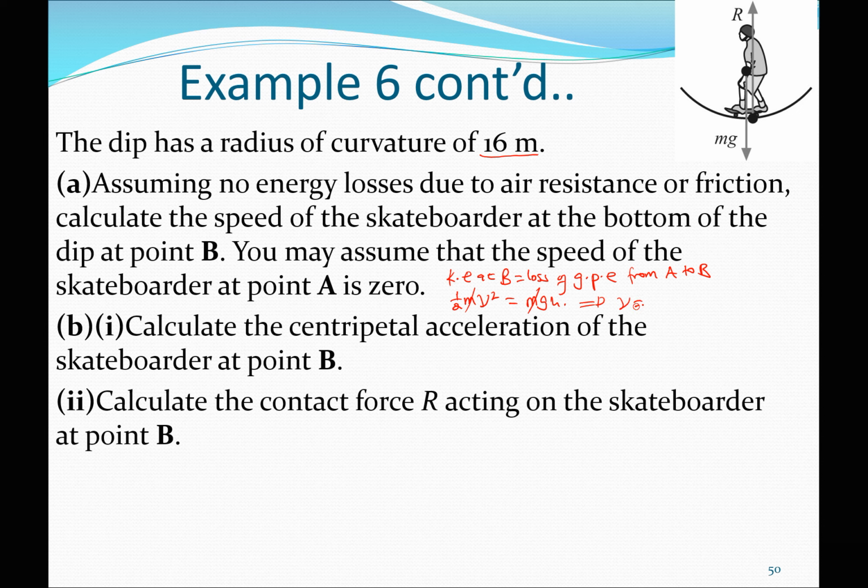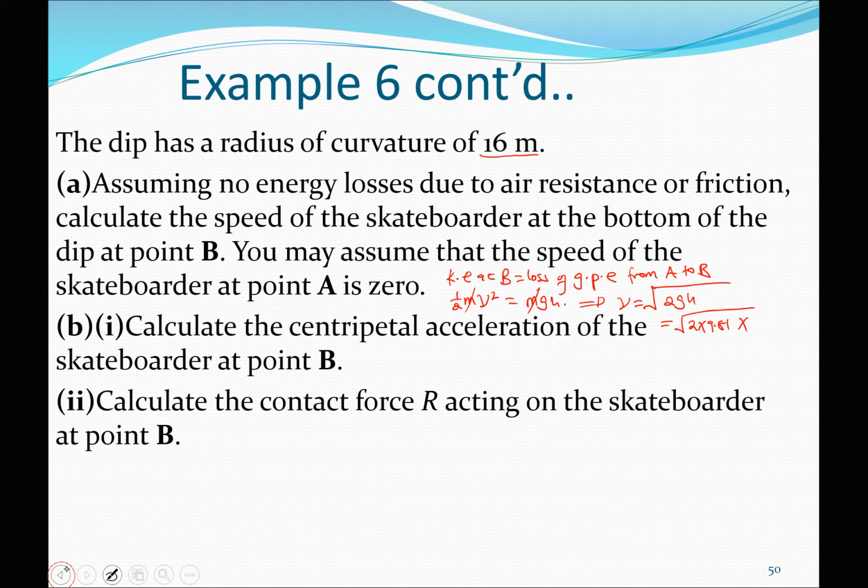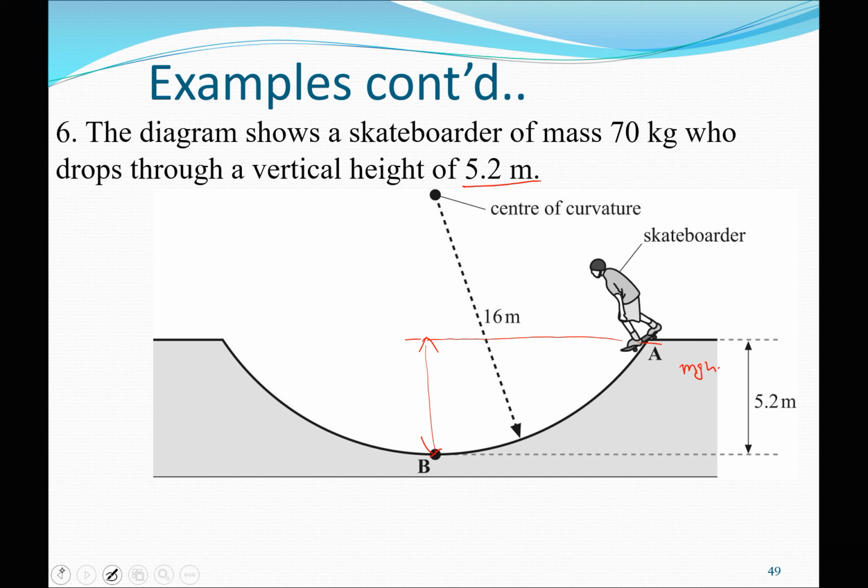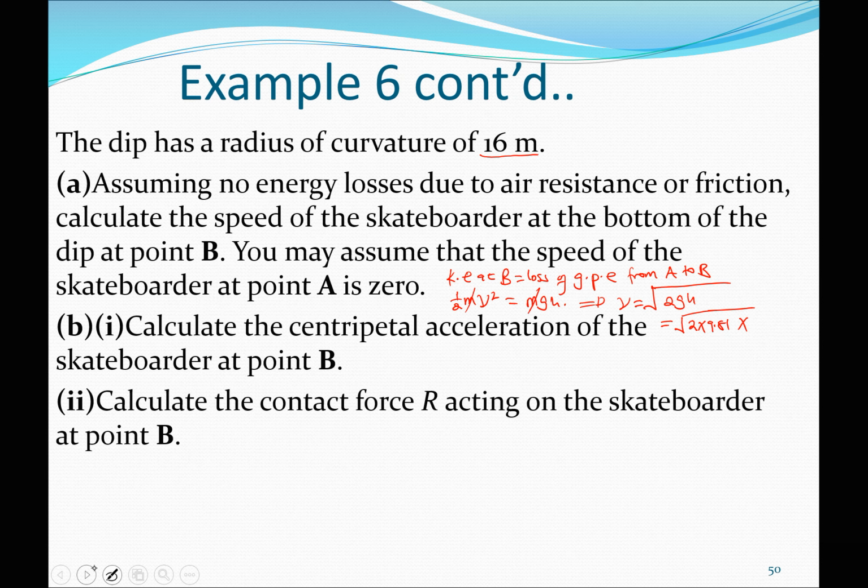So v is going to be the square root of 2gh. I'll substitute in: the square root of 2 times 9.81 times h. I think the vertical height was 5.2? Yes, 5.2 meters.